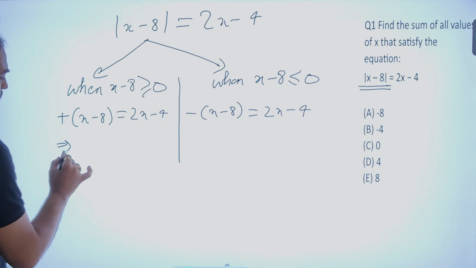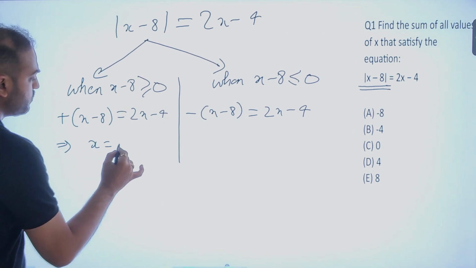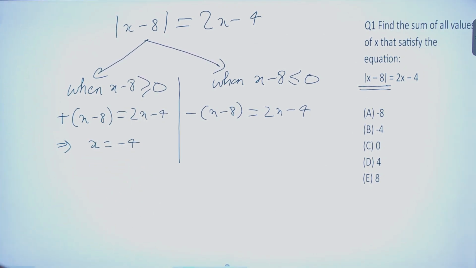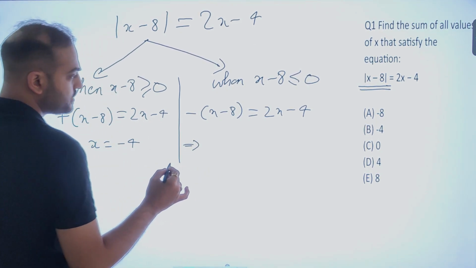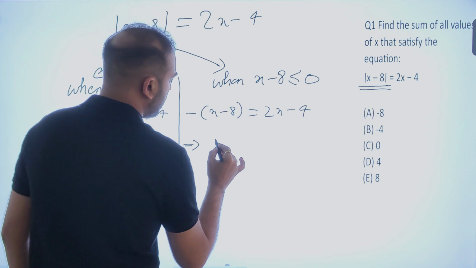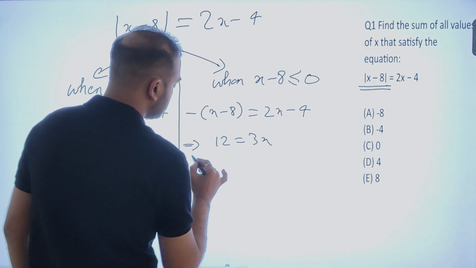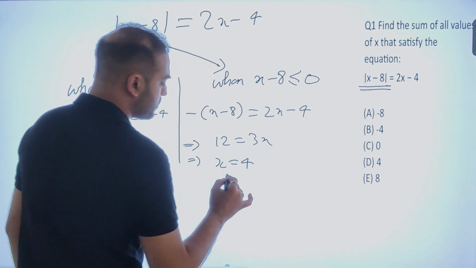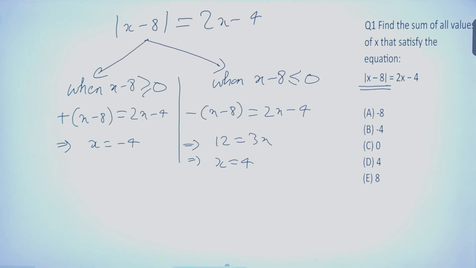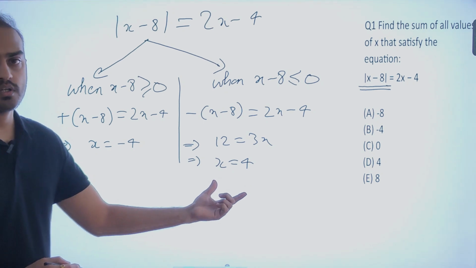If I solve this, I will get x equal to minus 4. x goes there, minus 4 comes here. If I solve this, 12 is equal to 3x, x equals 4. So I get two values, x equal to minus 4, x equal to 4.